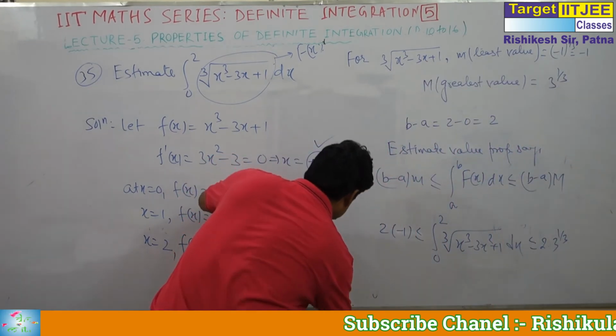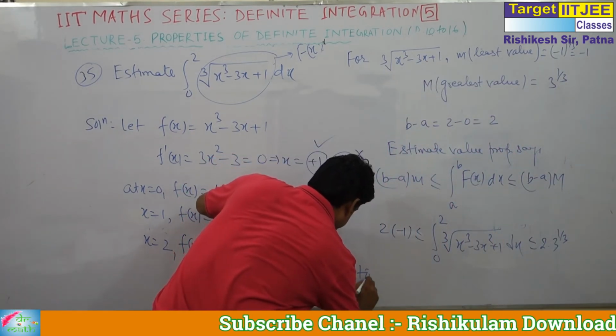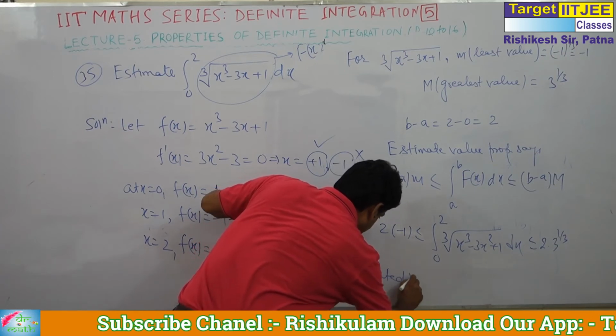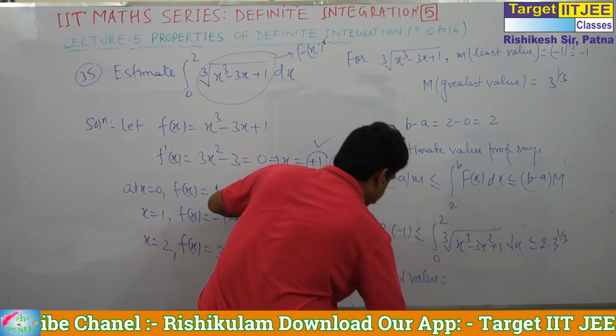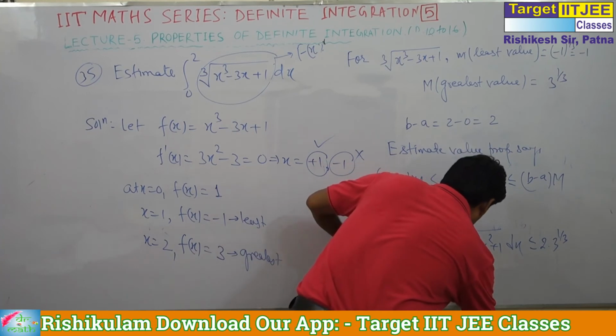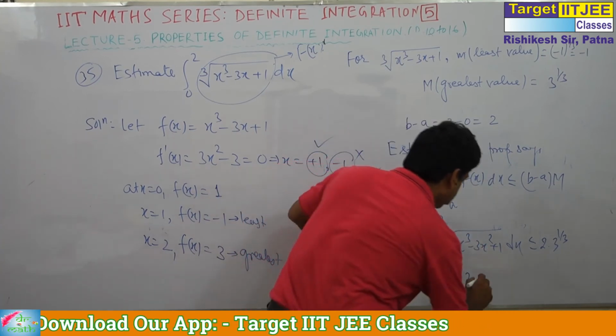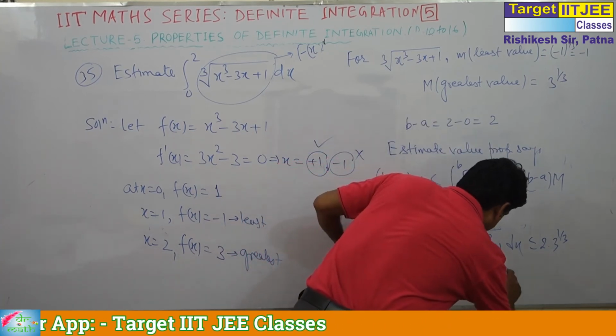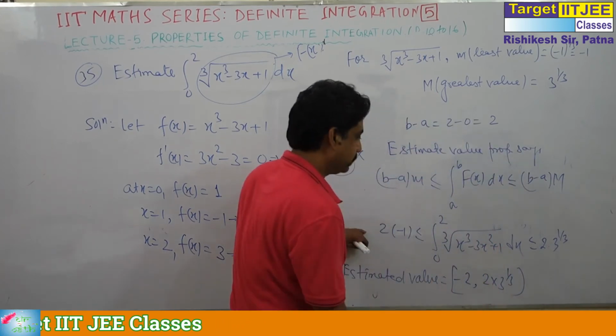Therefore the estimated value is from minus 2 to 2 into 3 to the power 1 by 3, or 2 times cube root of 3.